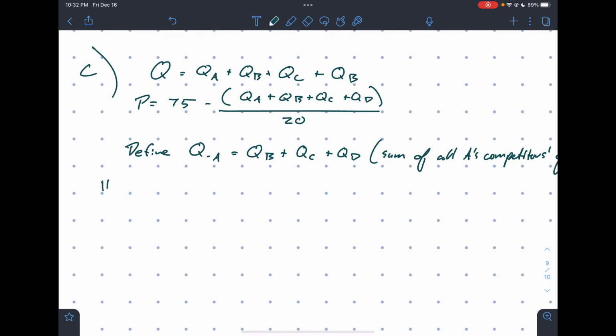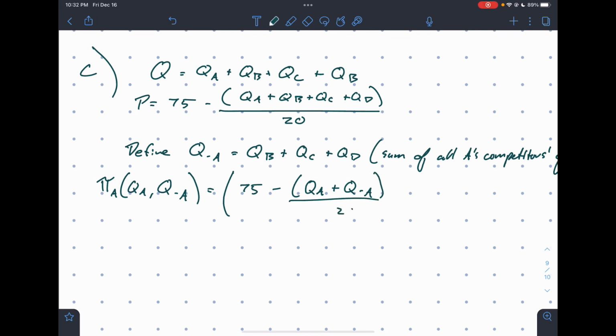So the profit of firm A, given QA and Q negative A, is going to be the price they get. So it's 75 minus QA plus Q negative A divided by 20, times QA, minus 10 times QA.